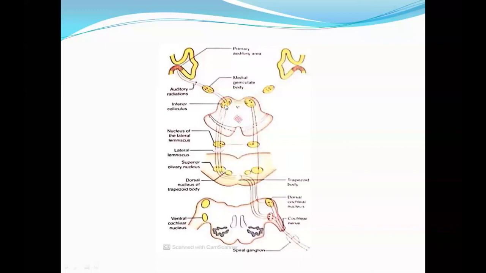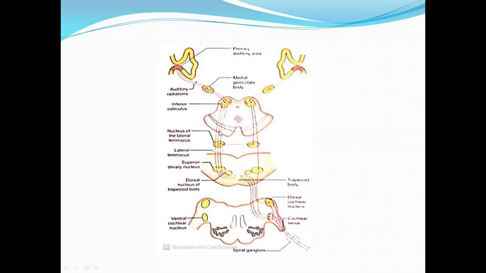Inferior colliculus, these are the third order neurons. See, they are going bilaterally and also contralaterally. Bilateral for achieving more discrimination in the pitch of the sound, intensity of the sound, or more discrimination of the sound.